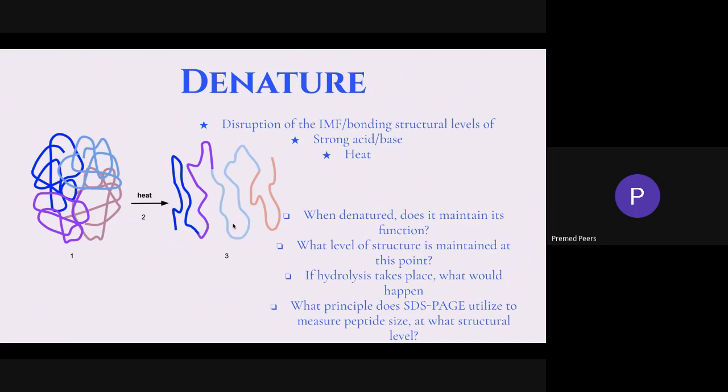What it means is that the non-covalent interactions are being disrupted, but the covalent one seems to be retained, right? Unless you're putting it into, like, a laser, a lot more heat, this covalent bonding is still likely to be maintained. Specifically, this is the peptide bond itself.